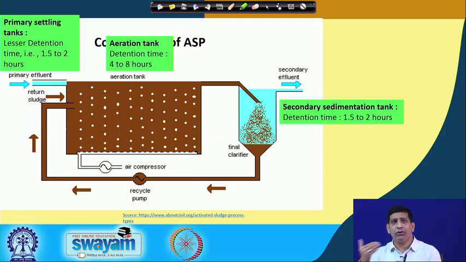Or you can go for zero liquid discharge, which is altogether a different concept. We will not go too much into that, but whatever you do, you have to have an effluent treatment plant.